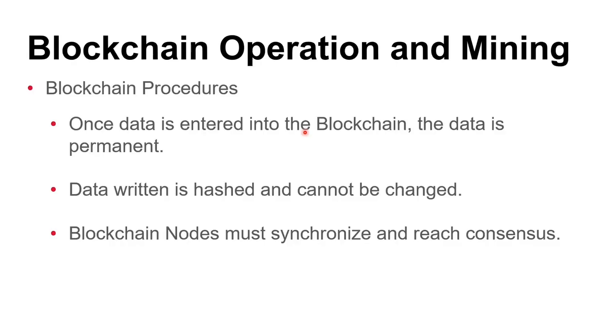So maybe we should say that the hashes make the changes known or make them obvious. If something does change, we can overwrite it with the correct information from before any change was attempted. And blockchain nodes must synchronize all together in order to come to consensus.